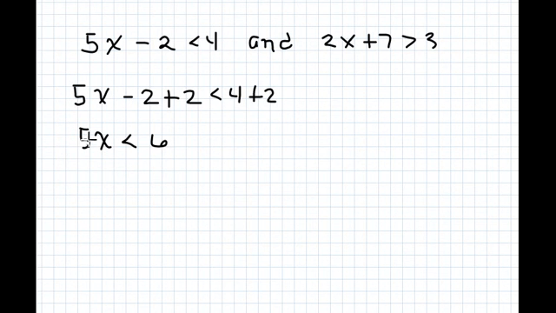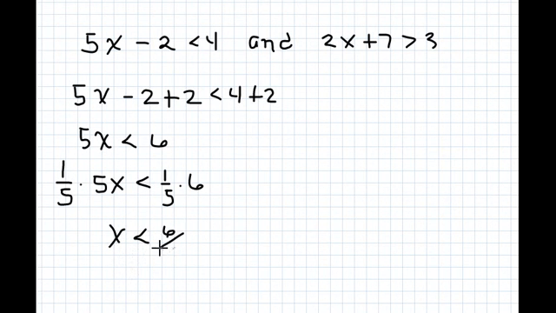Now we're going to multiply through by the reciprocal of 5 because we want a 1 here. So we say 1/5 times 5x is less than 1/5 times 6. And therefore we have x is less than 6/5, and we cannot reduce that down any further.